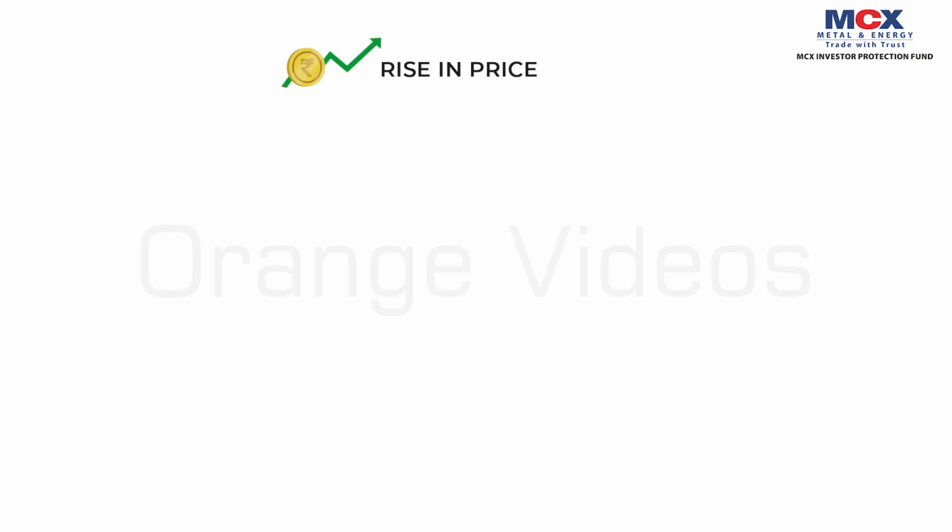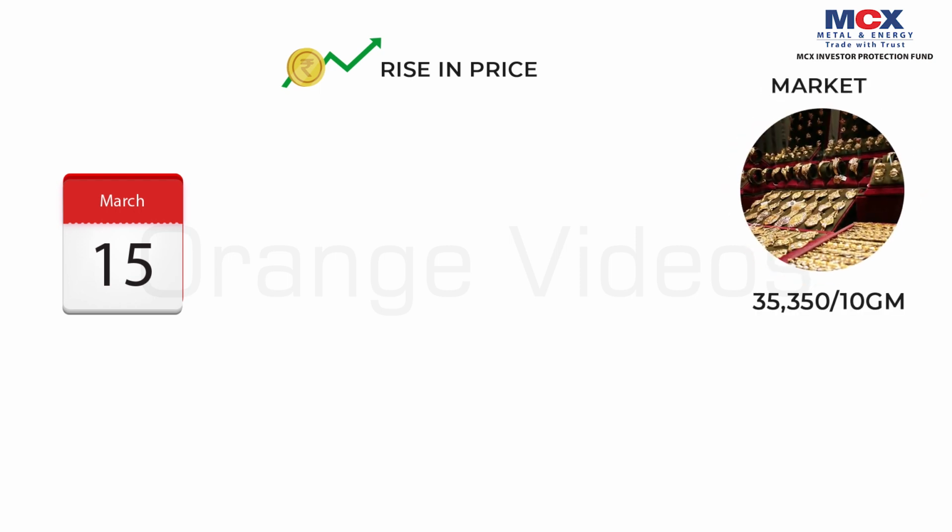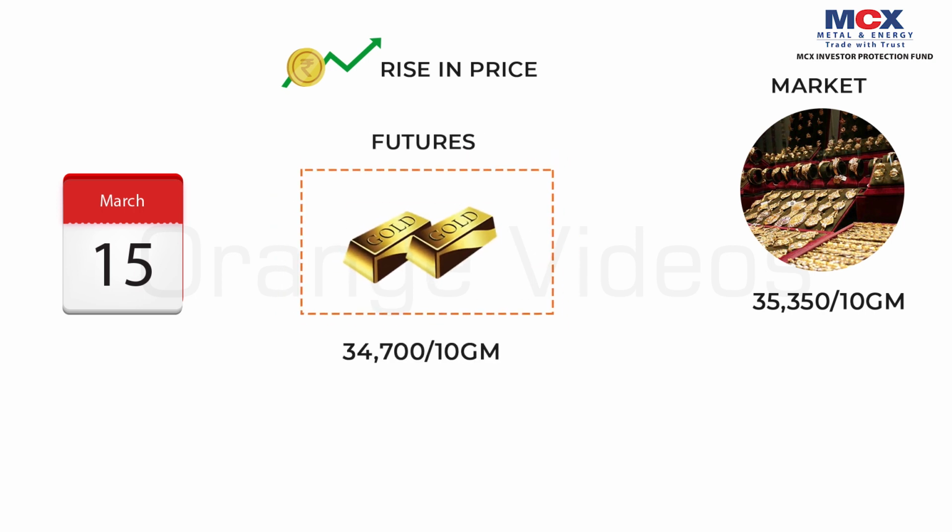If prices rise in a long hedge, in this scenario of price rise, on March 15th, the jeweler purchases gold bars from the physical market at Rs 35,350 per 10 grams and reverses the position in the futures market by selling gold futures at the prevailing price of Rs 35,052 per 10 grams. Cash flows from the physical market transaction stand at Rs 35,350 per 10 grams.